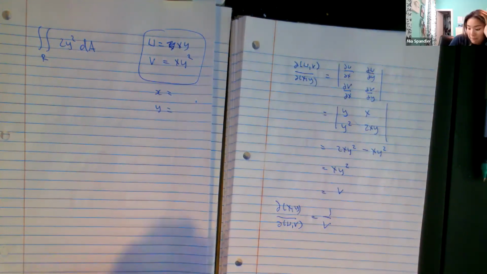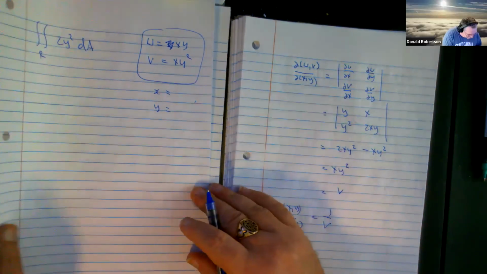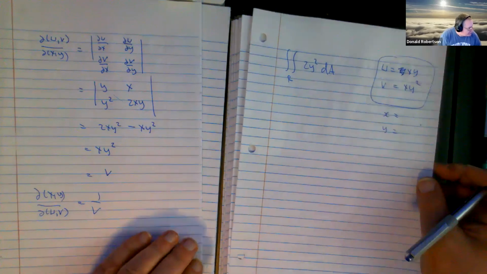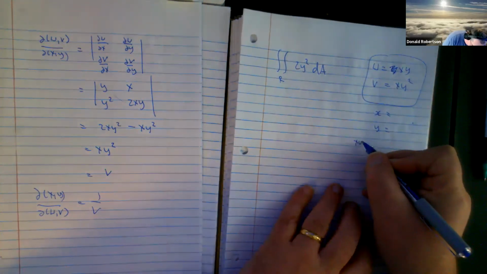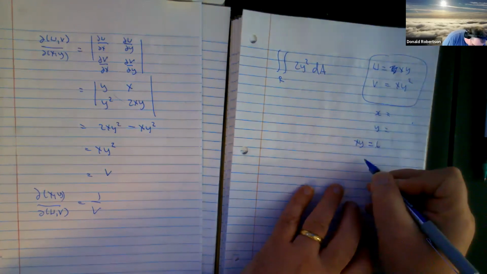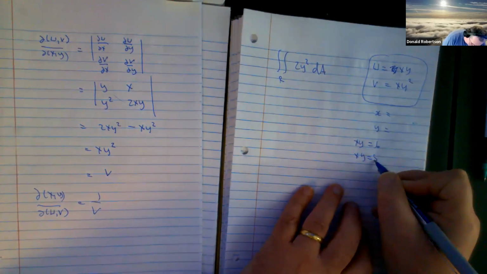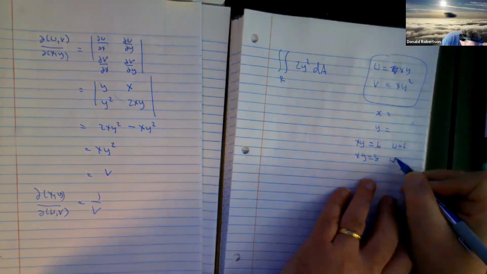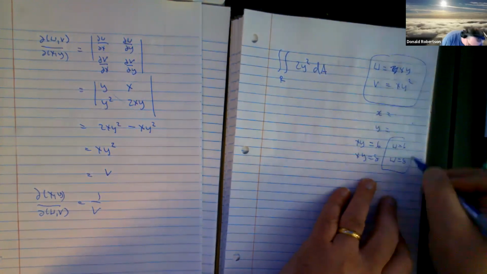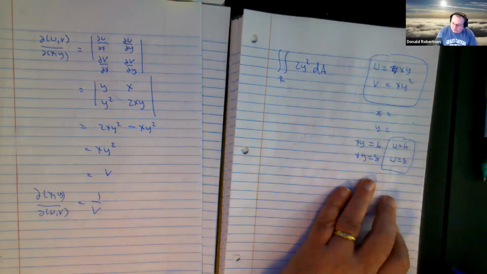Now, back to the question, if we look at the next piece, which is all the limits, we have xy from 6 to 8. Well, that simply is u, so u goes from 6 to 8. That's the limit of integration for the u variable.